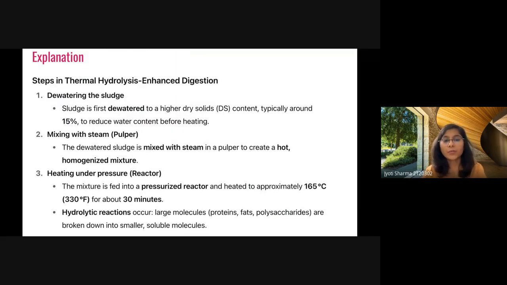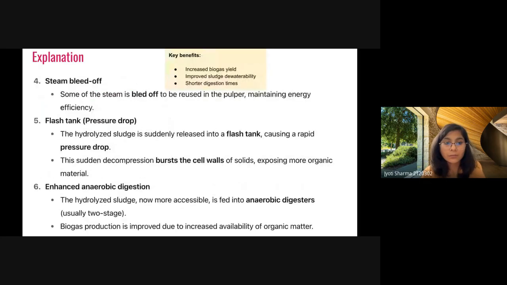As I told you, we do have different steps. Whenever we are doing this thermal hydrolysis, we have to dewater the sludge also. In the next few slides, you will get to know what we mean by dewatering the sludge. The important part was the flash tank, where we drop the pressure.